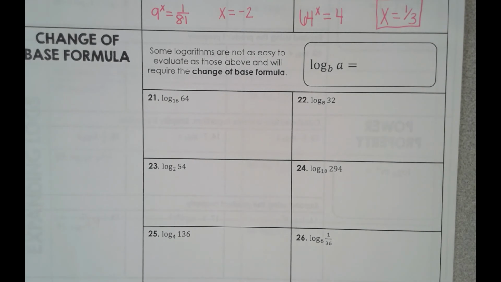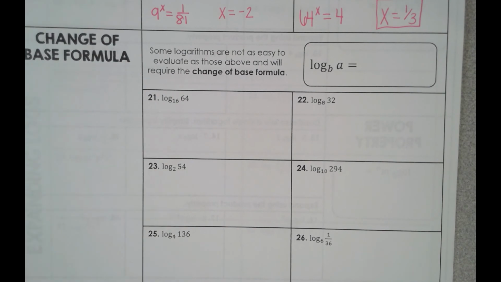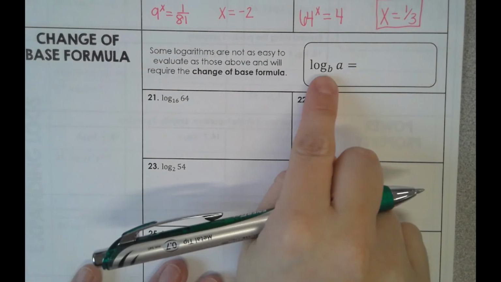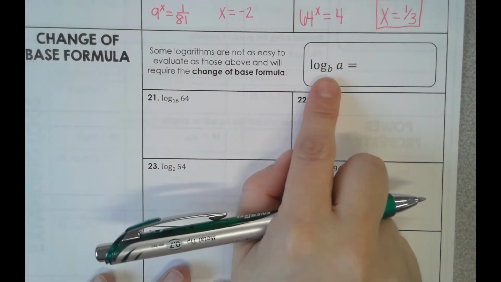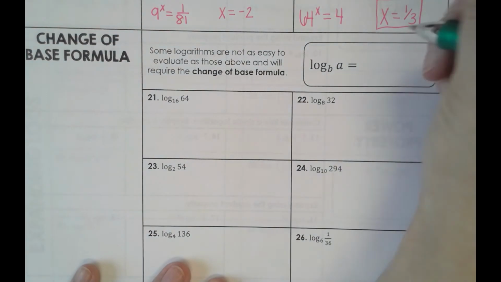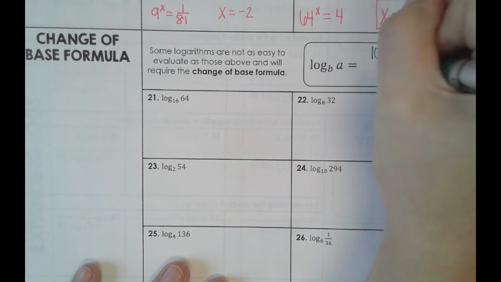But your phone calculator, maybe, if you turn it sideways, might have just a regular log, but not where you can change the base. So it's really easy to change it. If you have something with a different number base, but you want to make it a base of 10, that's the same as log of A divided by log of B.